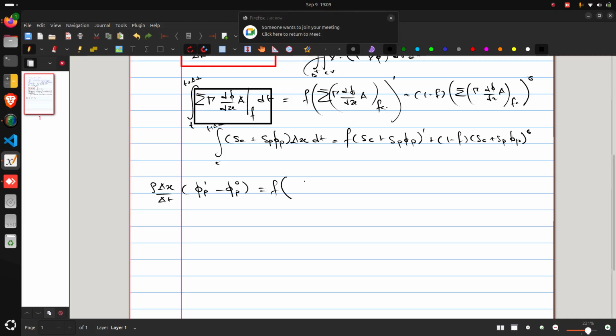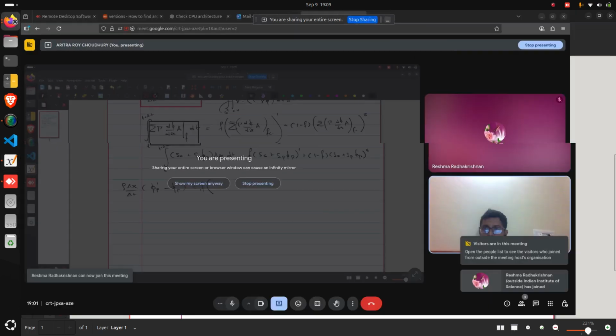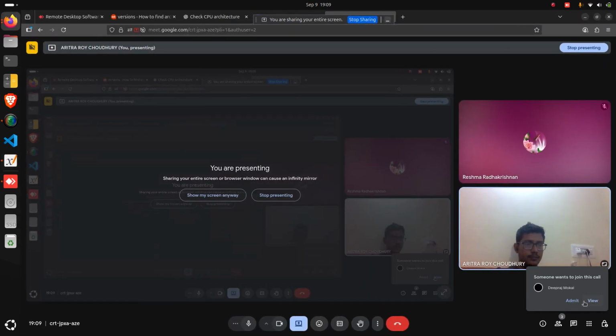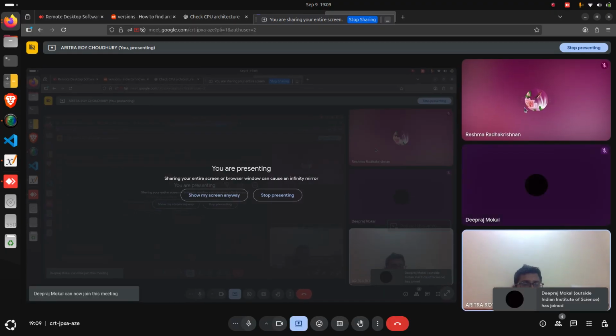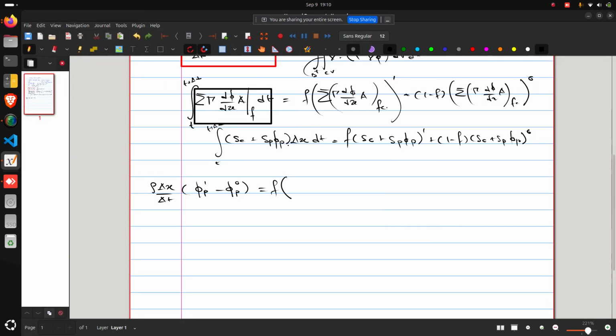So let's write it for the east phase first. We'll assume the area to be unit area, so 1, we'll just ignore the A part here.